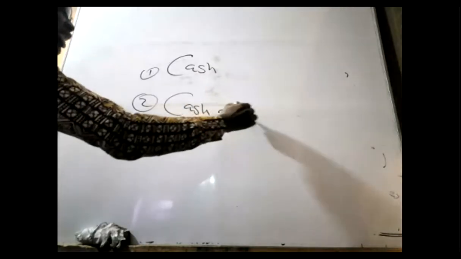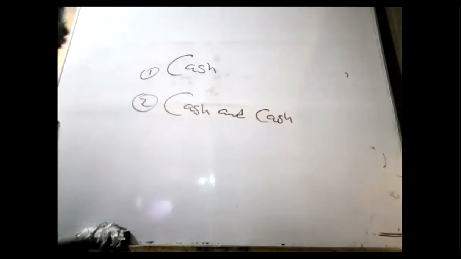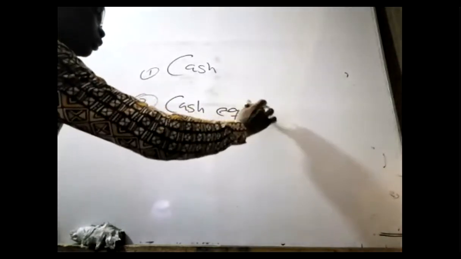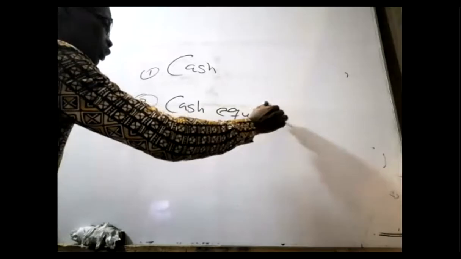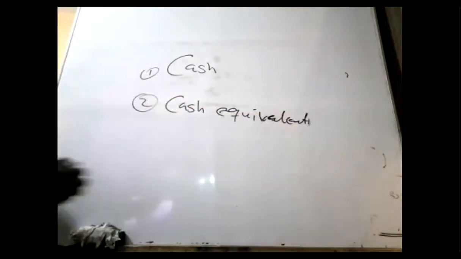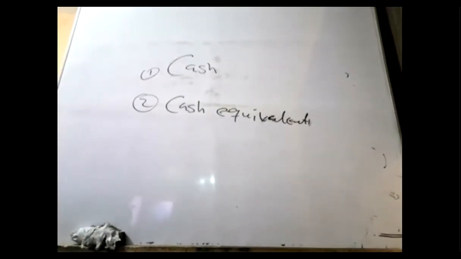Item number 2, cash equivalent. So we have cash, then we have what we call cash equivalent.